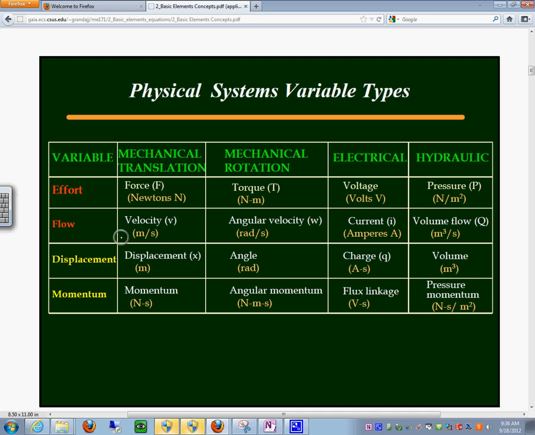What Painter is saying is that it's easier to operate with 4 variables than with 16, and he's right about that. If I learn to operate with E and F and P and Q, it's better than operating with all these 16 variables on the right-hand side for systems in many energy domains, whether they are mechanical, electrical, or hydraulic systems, because that's what mechatronic systems are about.